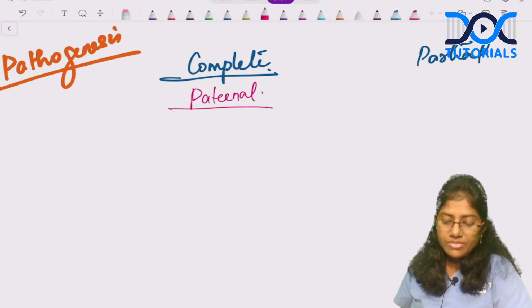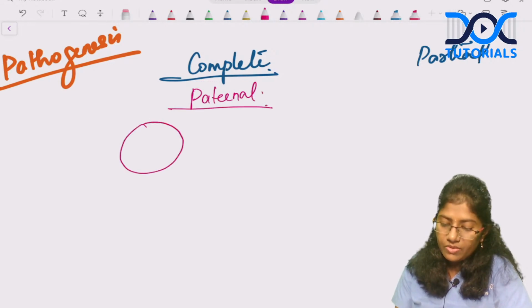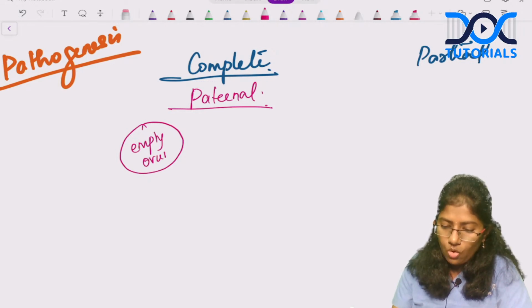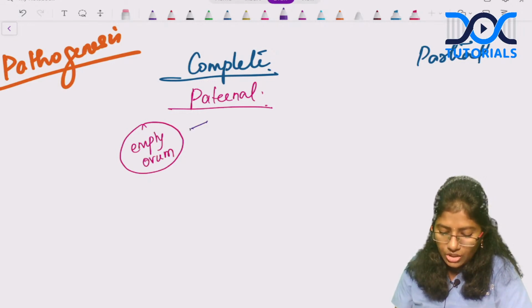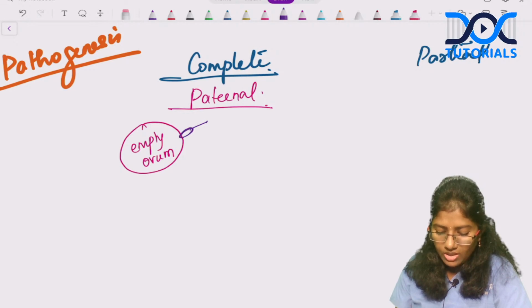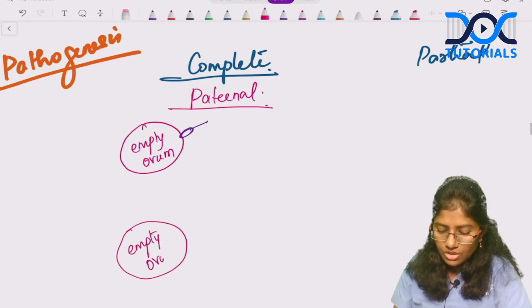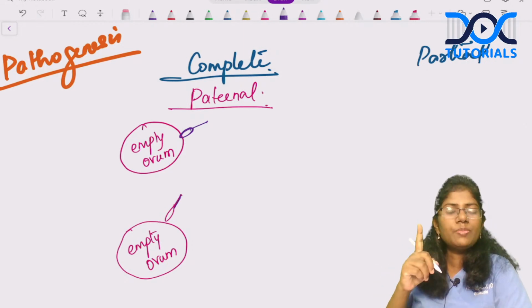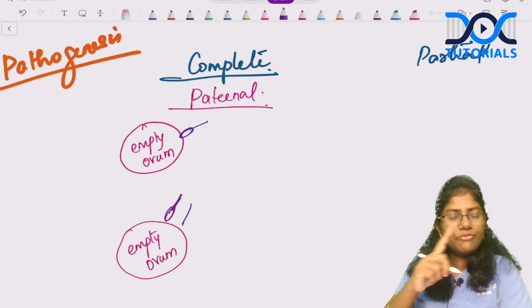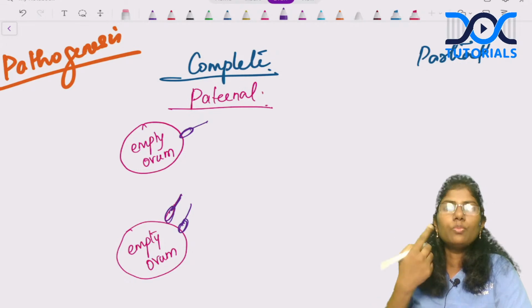Now this empty ovum can either be fertilized by one sperm, or by two sperms. In case it is one sperm, the sperm that fertilizes the egg will duplicate.